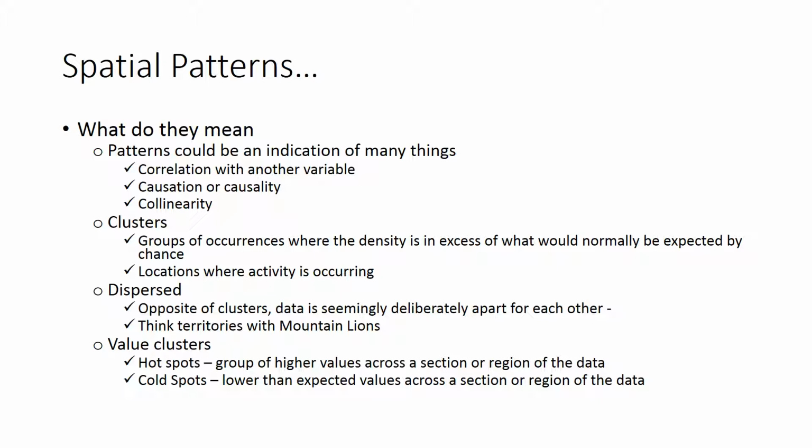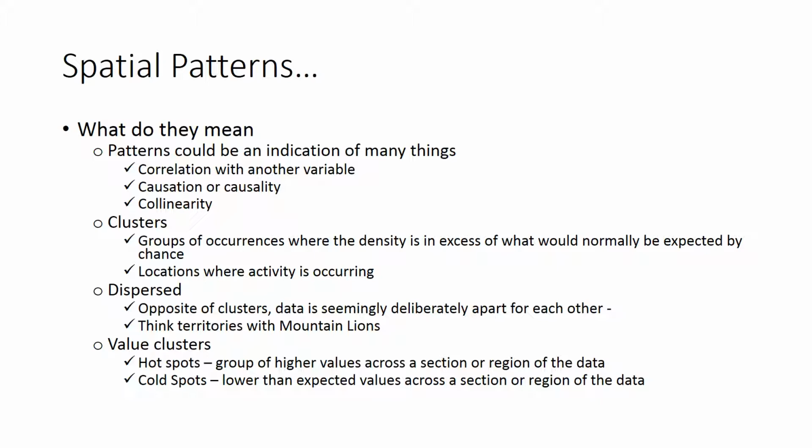Some data, of course, is dispersed. Dispersed is the opposite of clusters. Data is seemingly deliberately apart from each other. I think in class one night we talked a little bit about this, how in California, if you look at the habitat area or the territories of individual mountain lions, you will see that they tend to not overlap because they are solitary creatures, and the only time they come together is for mating purposes and while they're rearing their young, and then once they reach a certain age, mama cat kicks them out and they have to go carve out a new piece of territory for themselves.